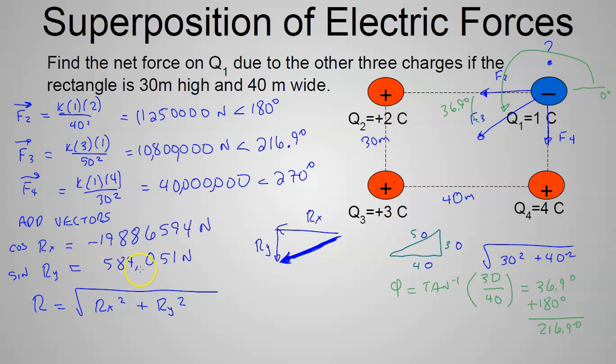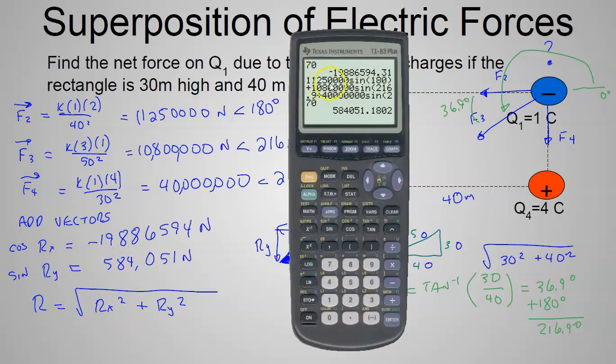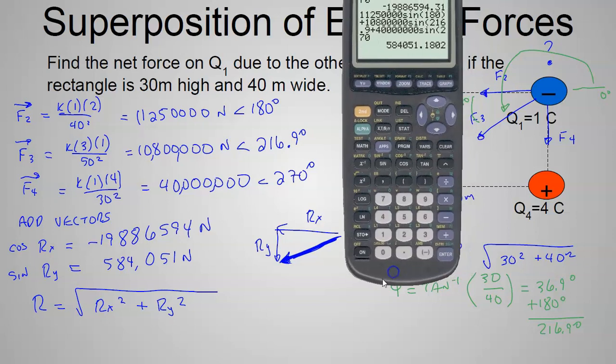I don't understand why that's a positive number, but I don't want to hold you up. 216 is in the third quadrant, 270 is on the edge, between the third and fourth quadrant. I did something, I just can't see what I goofed up right now. Anyway, we'll go ahead and run these numbers just so you know what to do with it, but something's messed up there. Want to do the square root of this number squared.